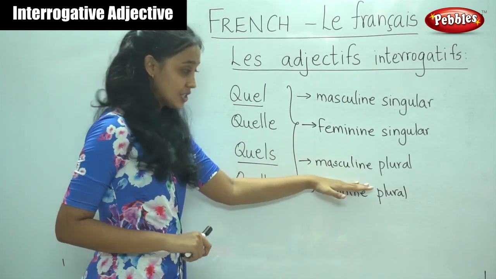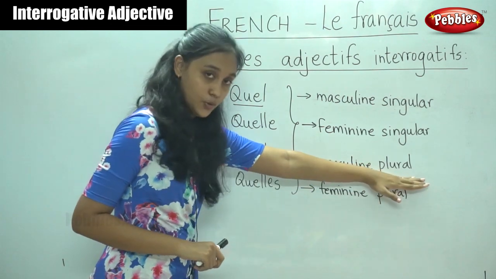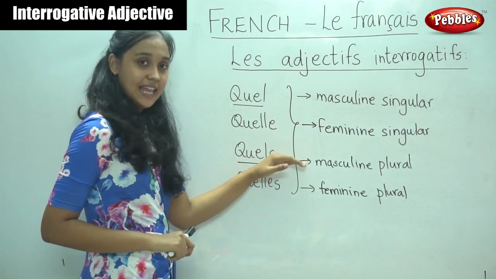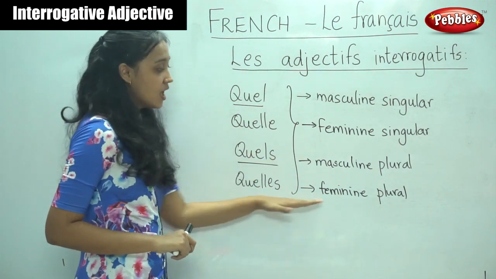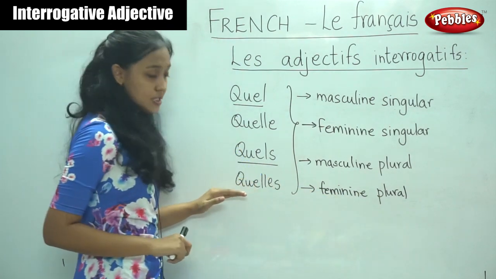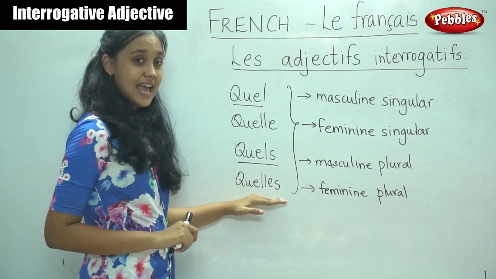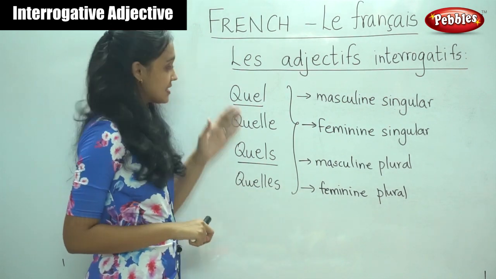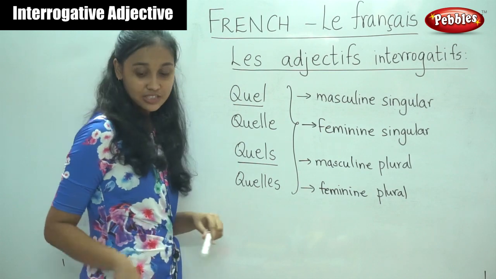If it is a masculine noun but it is in the plural form, we use quels. If it is in the feminine but plural form, we use quelles. So shall we see a few examples of the use of the interrogative adjective?